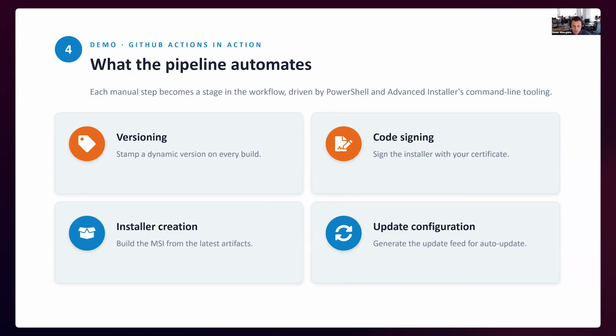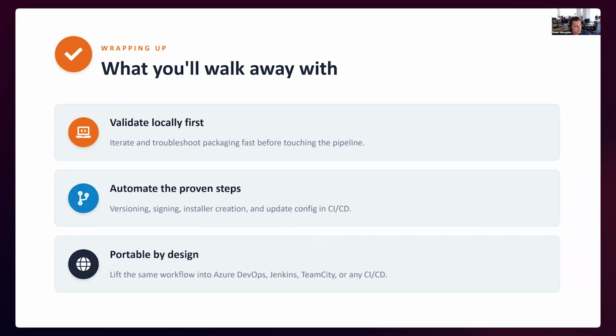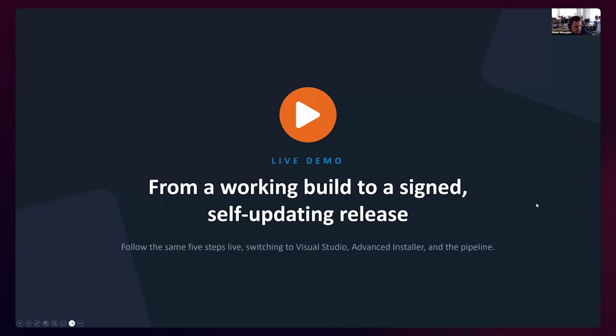These are the same actions that you can do locally, but now they can be done on every run. By the end, you'll have a practical workflow: validate locally, automate the proven steps, and keep it portable across any build platform. Okay, that being said, let's start the demo.